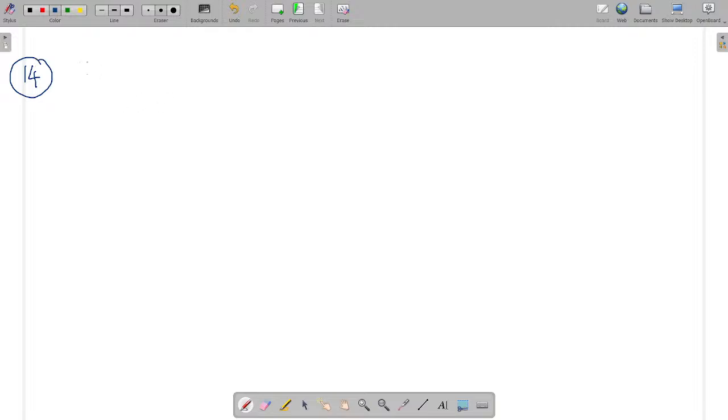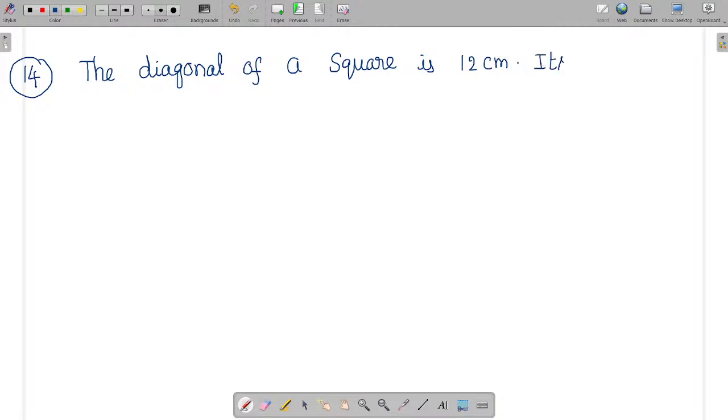The diagonal of a square is 12 centimeters. Its perimeter is, that means the perimeter of the square whose diagonal is 12 centimeters.